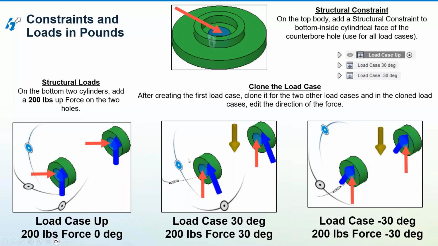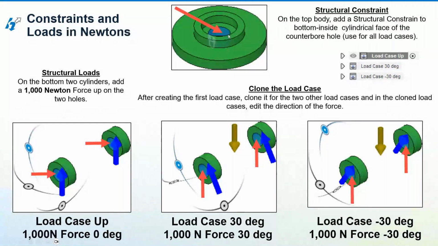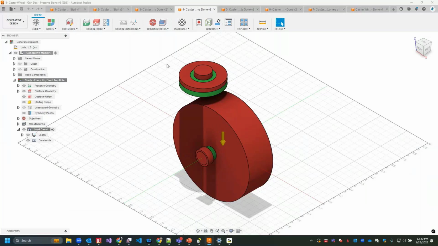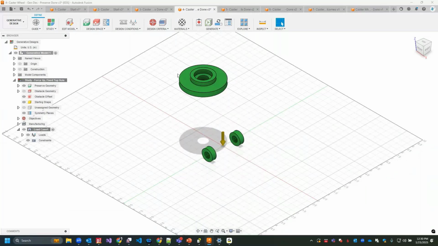Okay, so I'm going to show how to add a load on there, and also a constraint on the top. I'm going to pop back into my Fusion just to show how easy this works. I'm going to turn off my obstacle geometry right now. You can see there's a load on here, which is the gravity load.